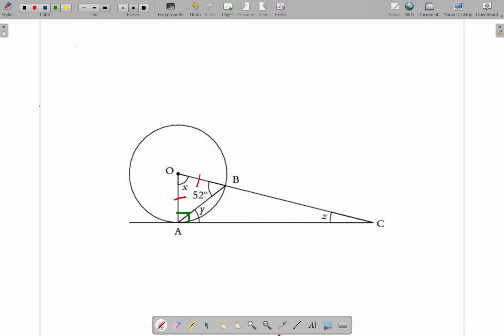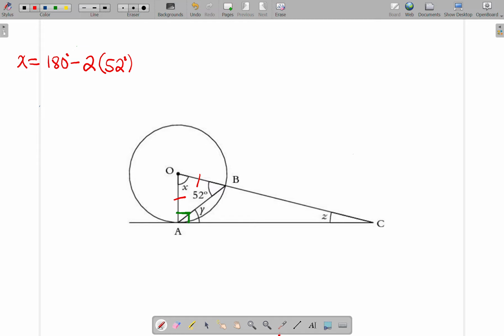For me to find the value of x, I'll simply say x is going to give me 180 minus 2 multiplied by 52 degrees. Okay, 180 degrees minus 2 multiplied by 52.